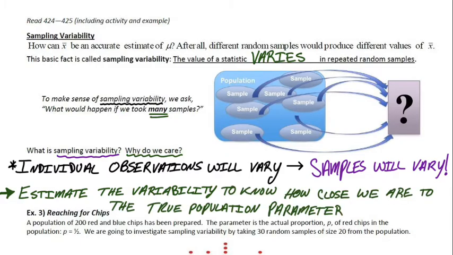We want to estimate the variability to know how close we are to the true population parameter. I know that all the sample mean heights I get from my random samples of Lake Park kids might be a little bit different from one another, but I want to study that variability so I can know how close my sample means are getting to the actual true population parameter.